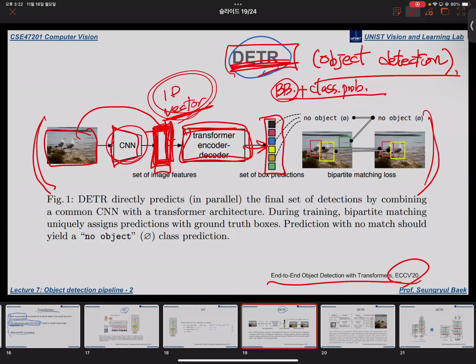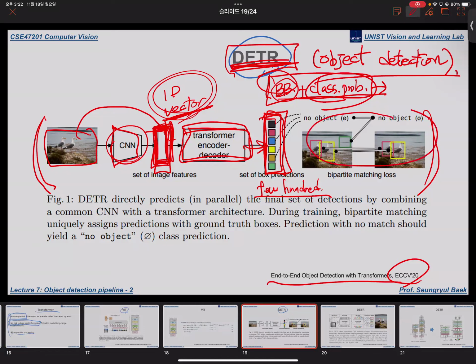In an object detector, we have to estimate both the bounding box and the class probability for that bounding box. Normally we have to estimate a few hundred bounding boxes and their corresponding class probabilities. Are you guys following this?